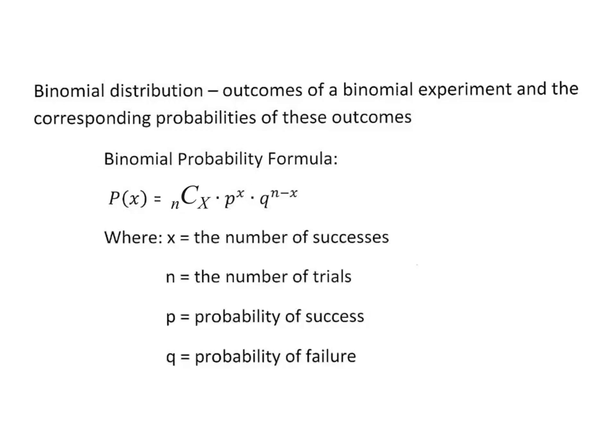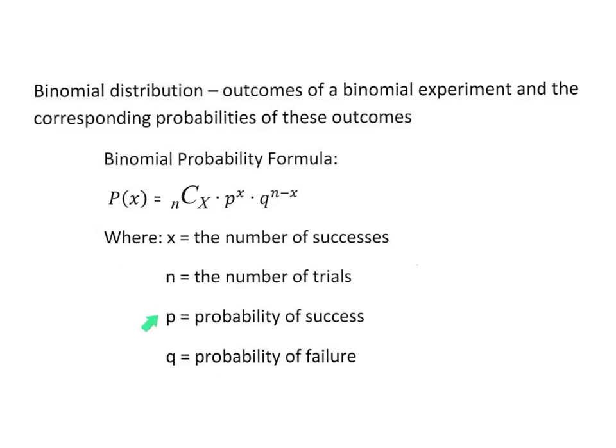So these are what those 4 variables stand for. The x is the number of successes. That's the key. N is the number of trials. P is the probability of success, and q is the probability of failure. Since there are only 2 possible outcomes, success or failure, the probability of success and the probability of failure are complementary.